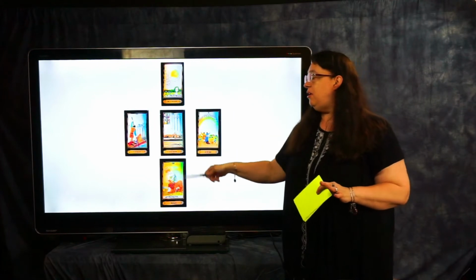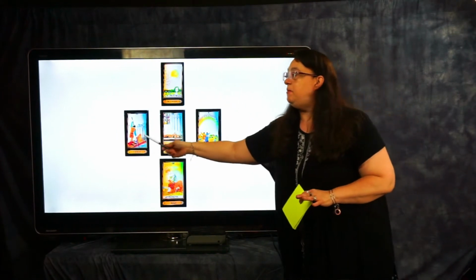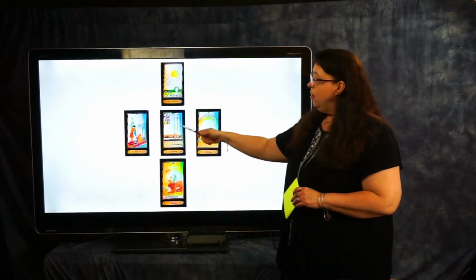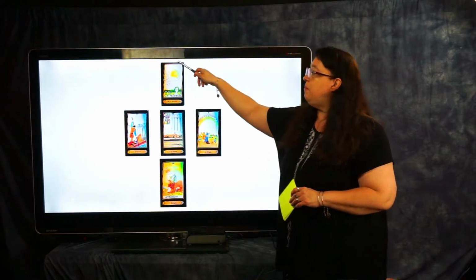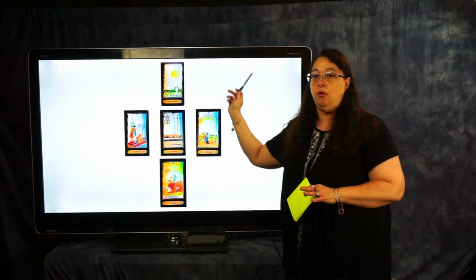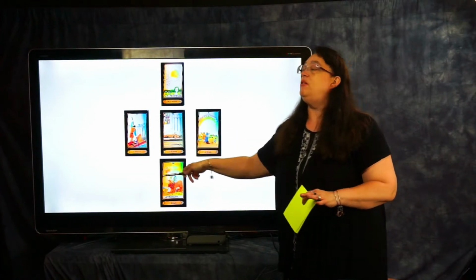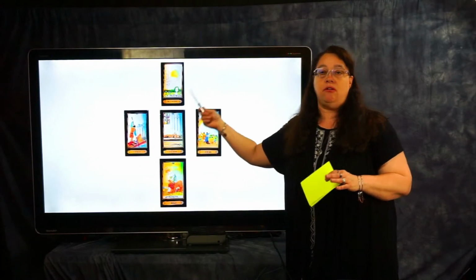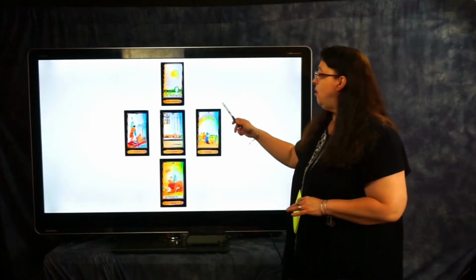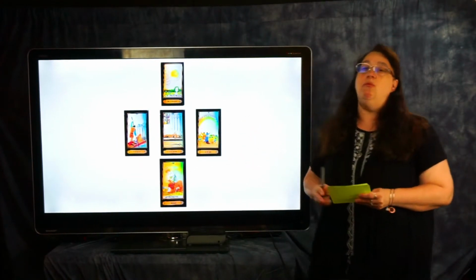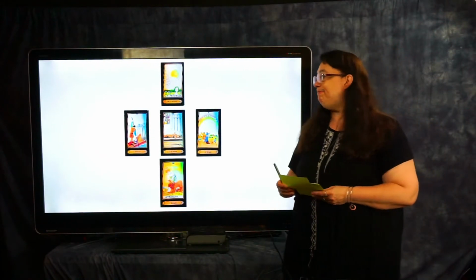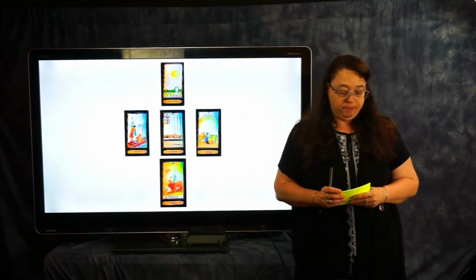It could be read different ways, but basically you've got your past, what's going on in the present, what has caused this to happen in the present, possible future outcomes if you follow a certain course, which of course would be based on the cards that come up and what those meanings are, and then the future. So you've got a little bit more of an answer to your question at that point.